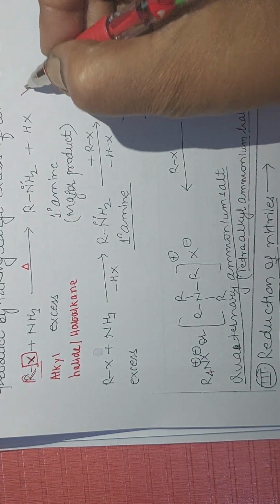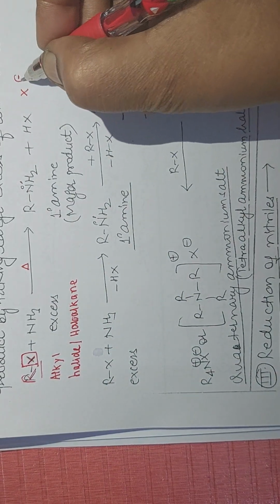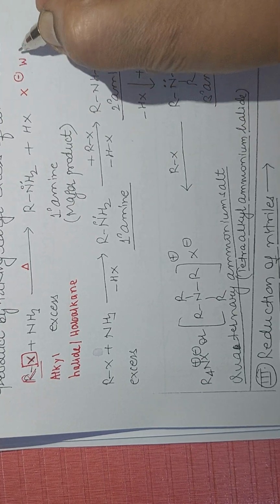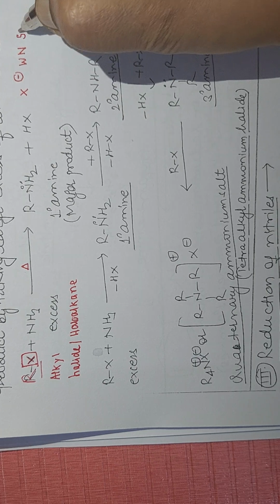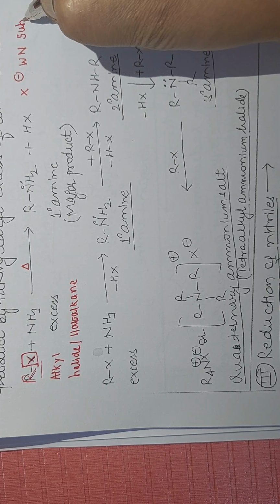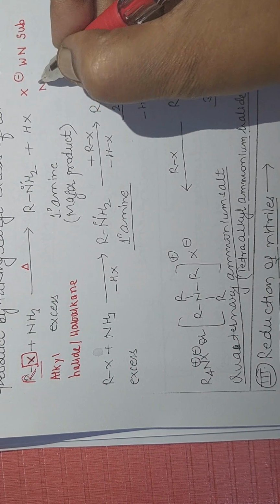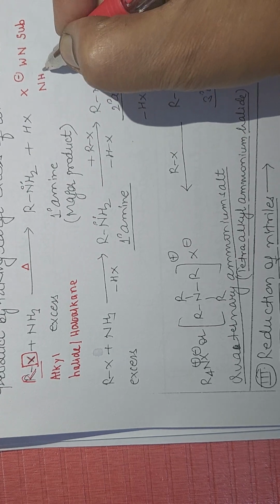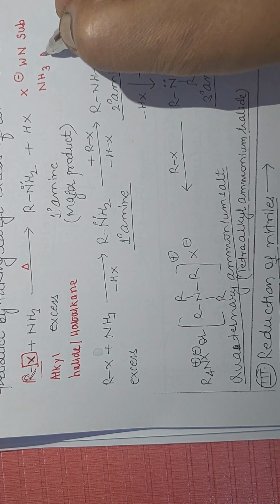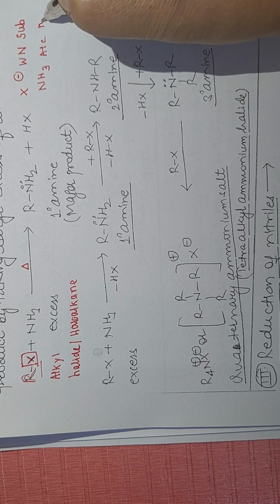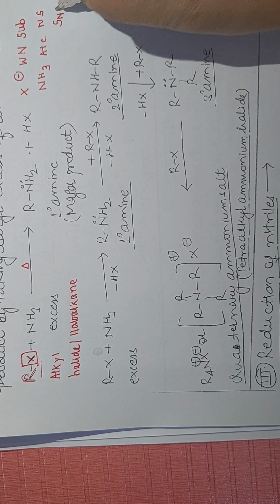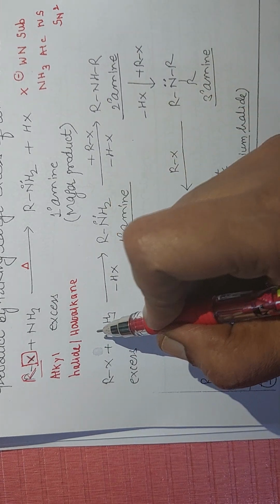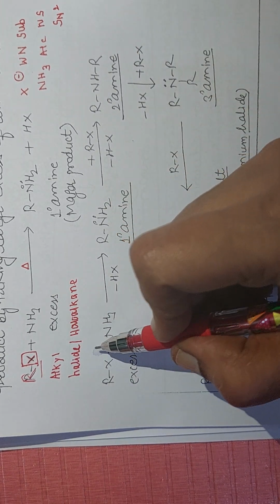The weaker nucleophile X minus is substituted by the stronger nucleophile, alcoholic ammonia. It is a stronger nucleophile. It is a kind of SN2 reaction, bimolecular nucleophilic substitution reaction.